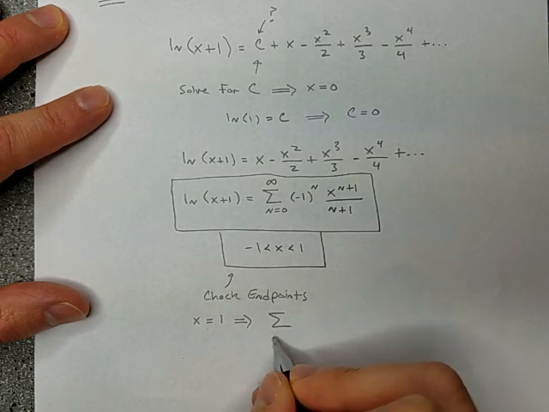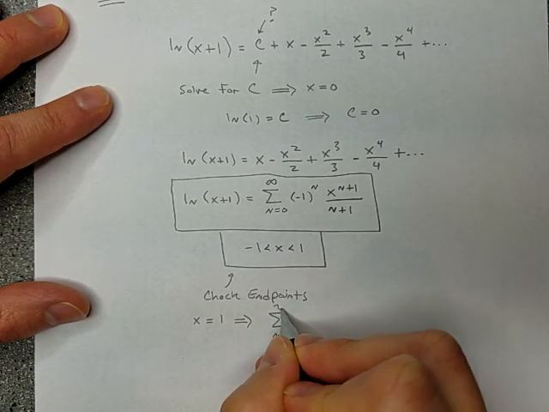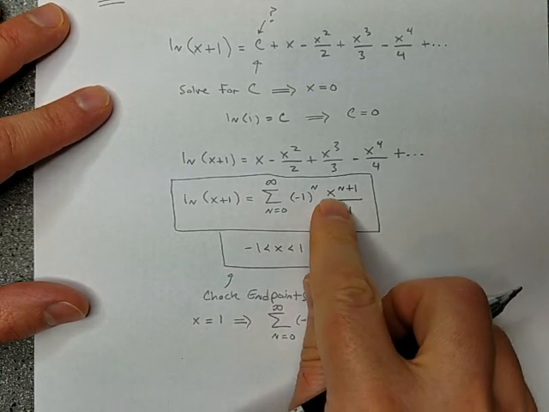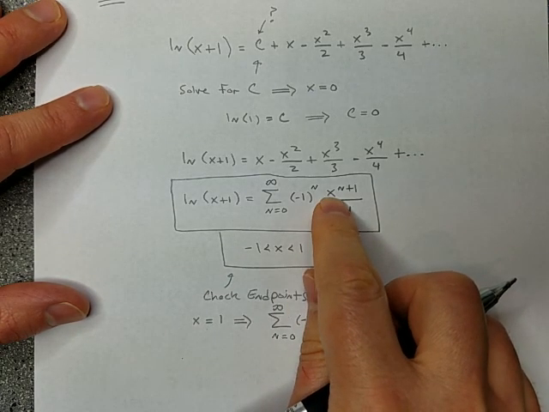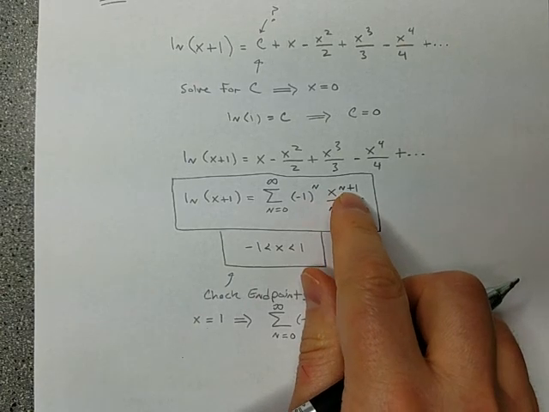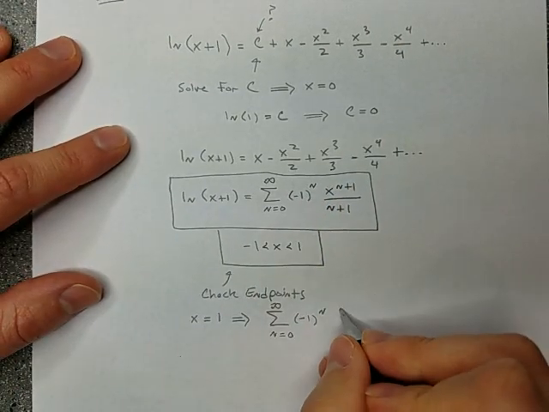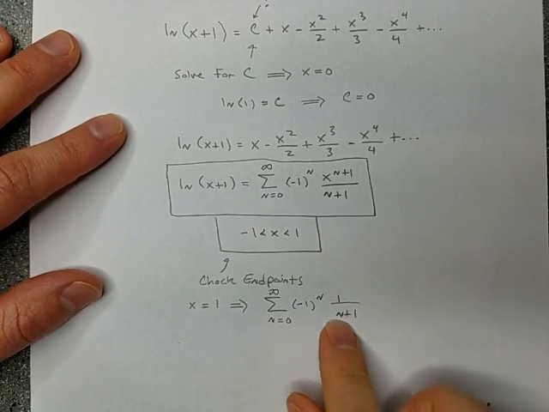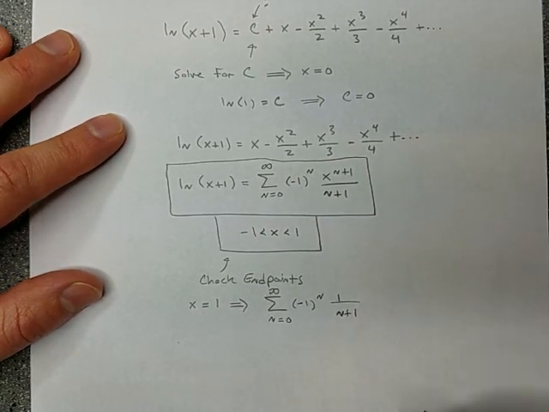When I let x be 1, I get negative 1 to the n, and when I put 1 in there for x, 1 to some power is just going to be 1. So it's going to be 1 over n plus 1. And this is an alternating series that converges.